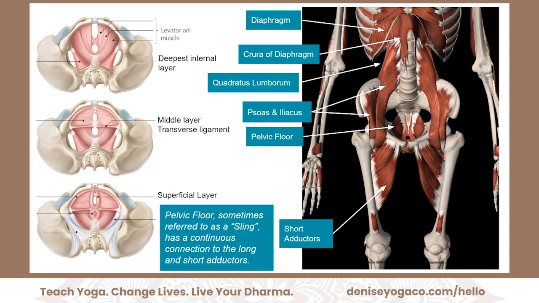So not in this diagram, because this is not real. This is a computer simulation. But if it were real tissue, like on a dissection table, you would see that the fascia continues over from these muscles, goes over the bone into the pelvic floor. These muscles rise up the inside of the sacrum and all the way up the bones here of the vertebra.